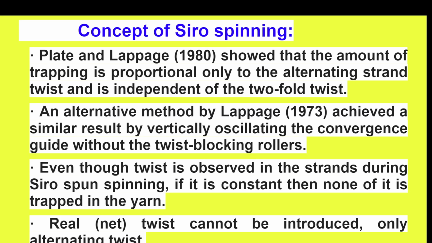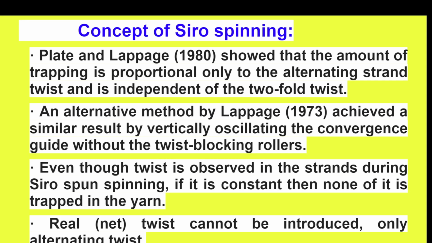An alternative method by Lapis in 1973 achieved a similar result by vertically oscillating the convergence guide without the twist blocking rollers. Even though twist is observed in the strand during Siro spun yarn, if it is constant, then none of it is trapped in the yarn.